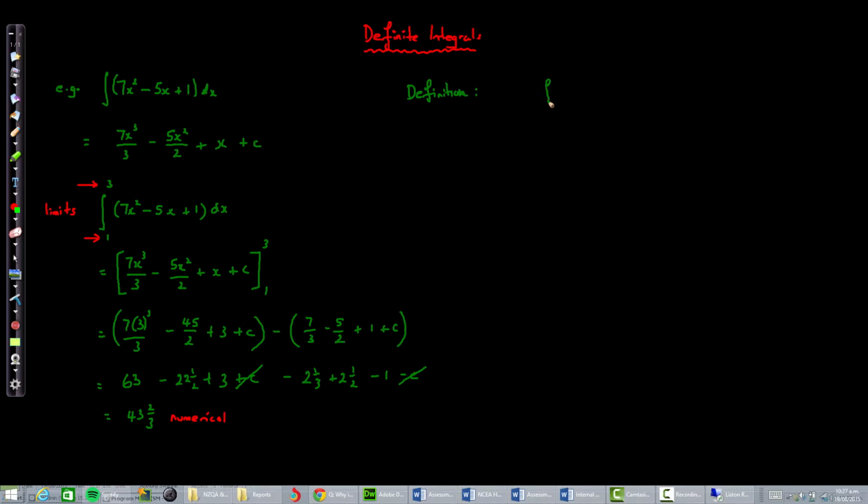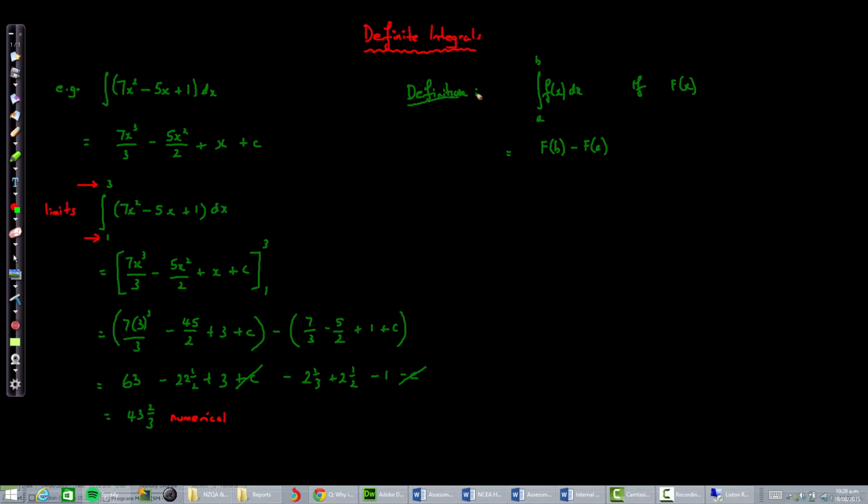If we have a function of x and we're integrating it, and we've got the limits a and b here, then by definition, if we say function f of x is the integral of this function of x here, then the definite integral is defined to be what you get when you put the upper limit into that integral function, take away what you get when you put the bottom limit in. Okay, and that is simply the definition of what it is.